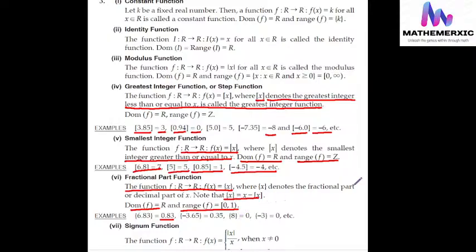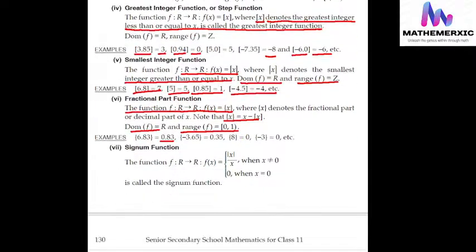So if I discuss negative 3.65, it is x minus the step function or greatest integer function of x. So x will be negative 3.65 minus, it will be the smaller value, not bigger, minus 4.